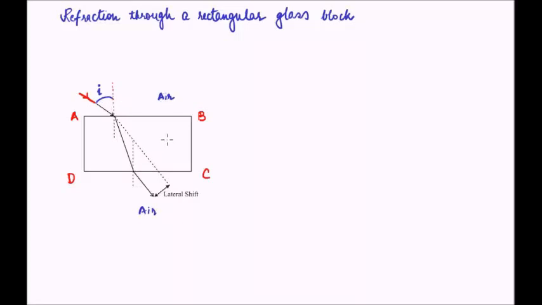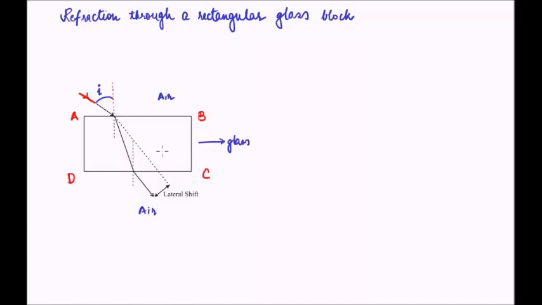So what is happening is that the ray of light is going from a rarer medium, that is air, to a denser medium, that is glass, and then coming out of it again into the rarer air medium.